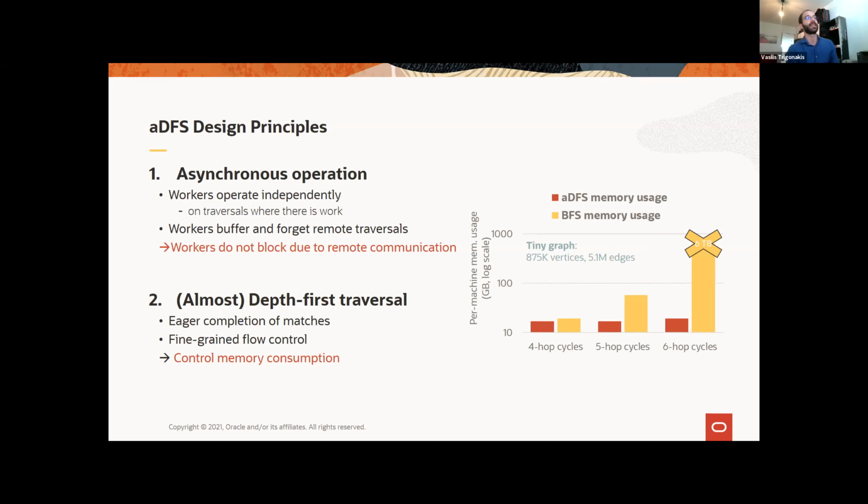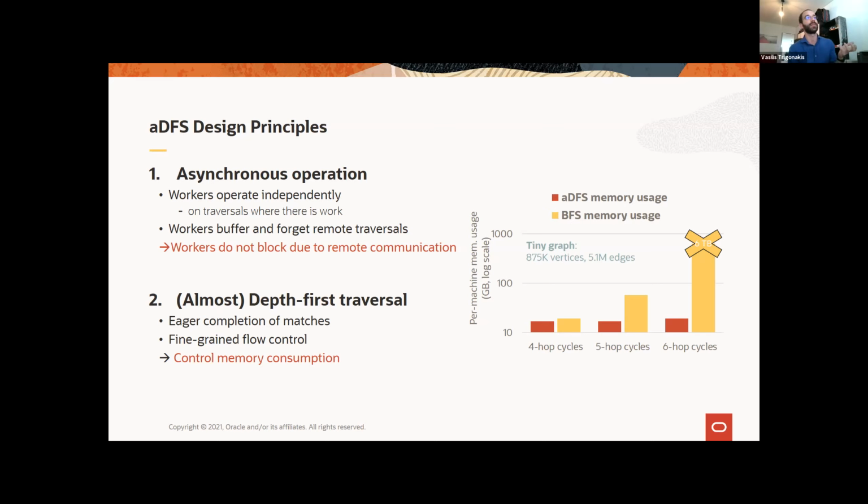We have here a tiny graph, with 5 million edges, and we count cycles of different hop lengths in this tiny graph. We are comparing here our aDFS runtime with eager depth-first completion to a fully BFS runtime that is expanding all intermediate results across hops. What you see here is that for 4 hop cycles, the memory on both runtimes is pretty much the same.